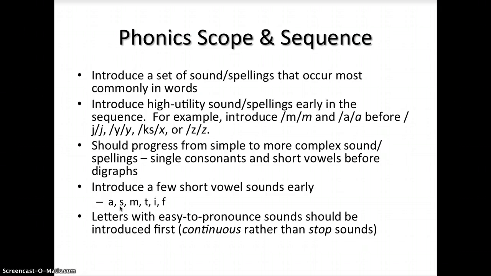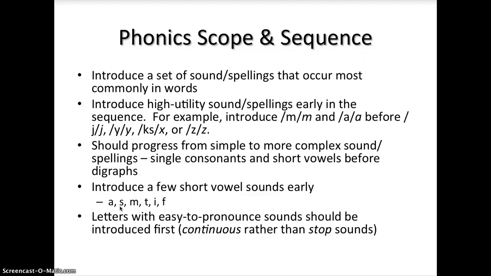Obviously, there are several common letters that use stop sounds. But think about a word. If you're blending a word, it's a lot easier for you to say that stop sound at the end of the word versus the beginning. So think of the word mat, and bat.